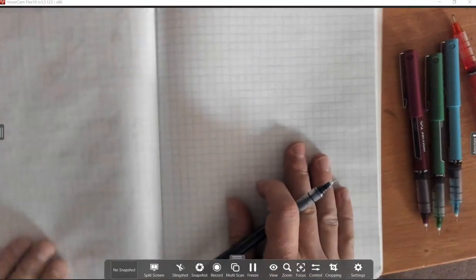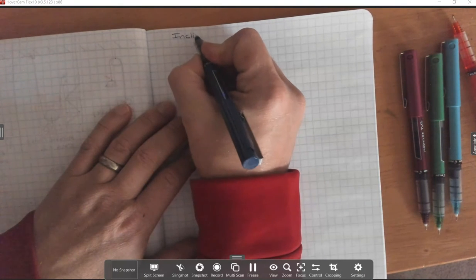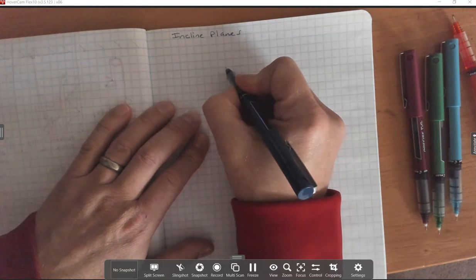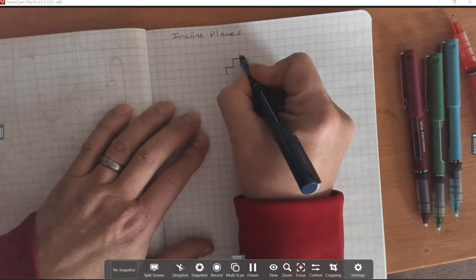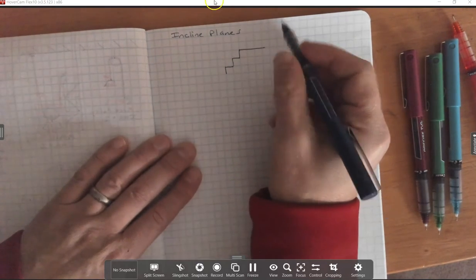So let's draw this. These are incline planes. At 2 feet is probably 3 stairs. Something like that.